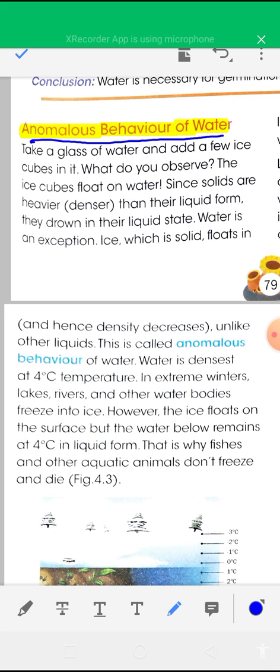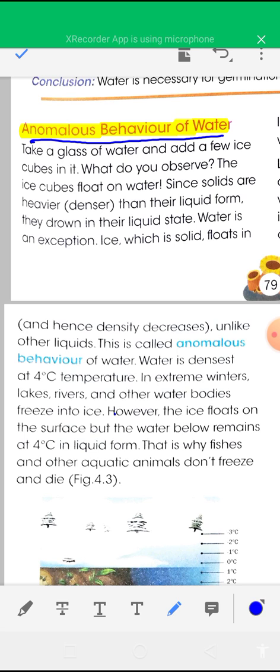When a few ice cubes are placed over the surface of water, you will observe that the ice cubes float over the water. This is the opposite thing. An ice cube is the solid state of water, but the density of ice is less than the density of water.